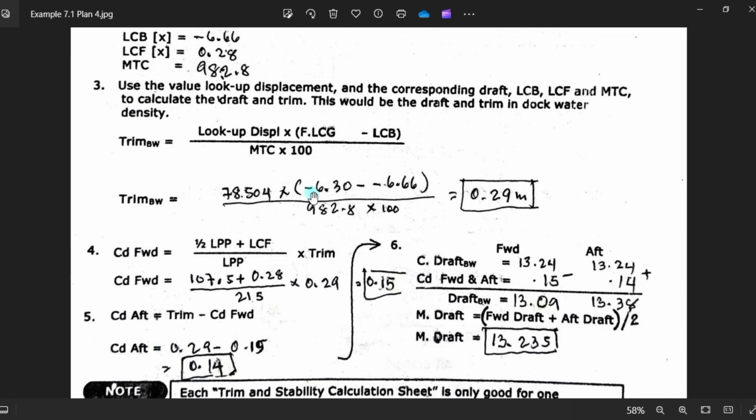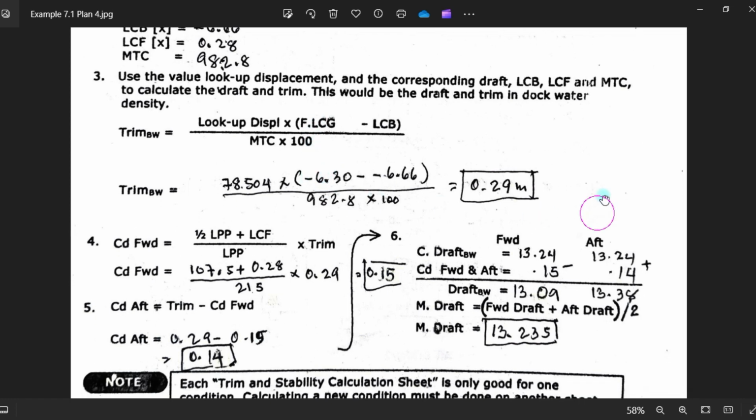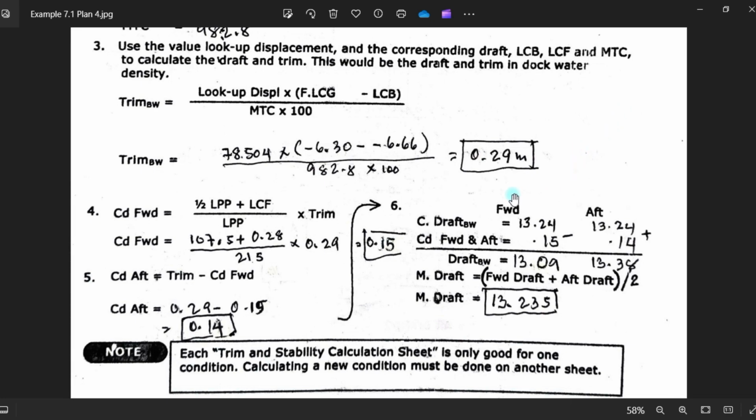Look, 6.30. So you have your example, this is 6.30, and your LCB is 6.66. He's ahead of LCG, so he is trimmed by the stern. Okay, so that is what I'm going to emphasize.